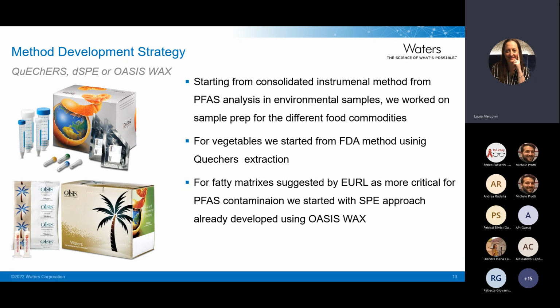And for fatty matrices, suggested by EURL as more critical for PFAS contamination, and taking into account that EURL decreased dramatically the detection limit of PFAS, we started using a different approach, an SPE approach, because we need to eliminate interferences. PFAS, unfortunately, tend to stick to the fatty matrices. We need to find the best solution to extract them and to eliminate any interference.